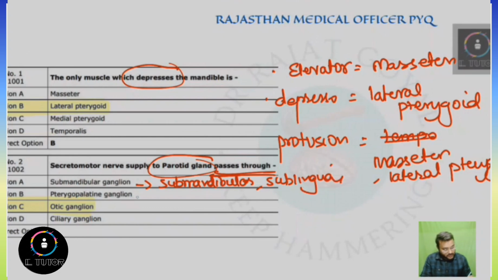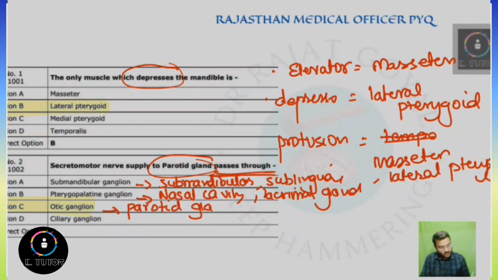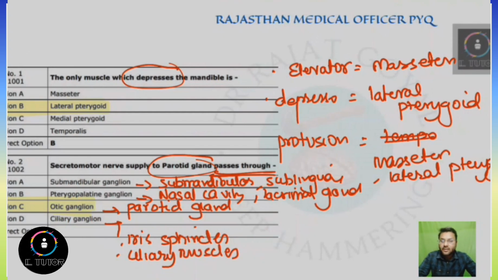And if we talk about pterygopalatine ganglion, then it will supply the nasal cavity and lacrimal gland. Otic ganglion supplies the parotid gland, and ciliary ganglion supplies the iris sphincter and ciliary muscles. So among all the options, otic ganglion is the correct answer.